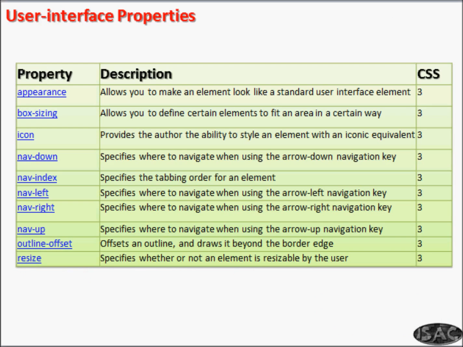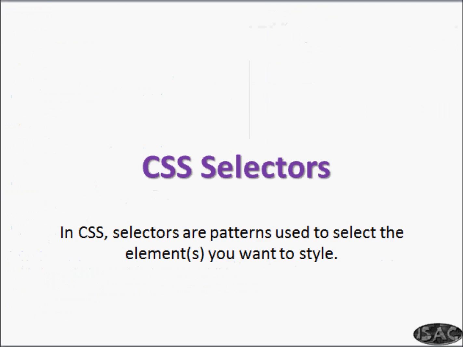There are some user interface properties but they are not implemented. Okay. So we understood all the properties which are new with CSS3, right? If we talk about CSS selectors, they are patterns used to select the elements you want to style.